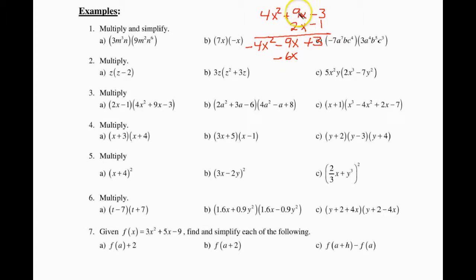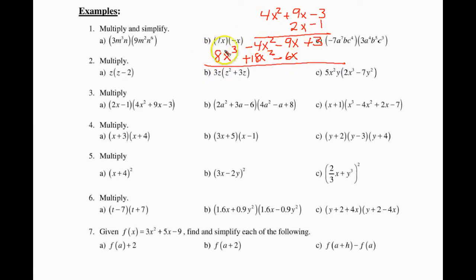Now 2 times 9 is going to be a positive 18x squared. 2 times 9 is 18, x times x, x squared. And then now 2 times 4 is 8, x cubed.